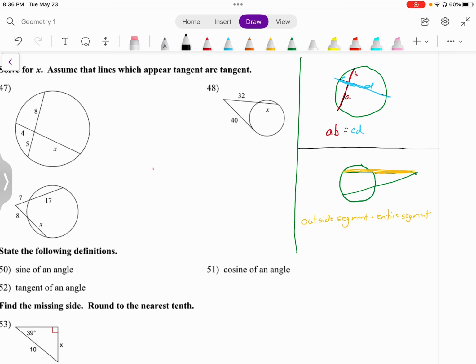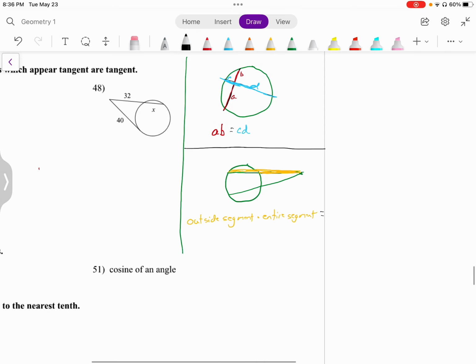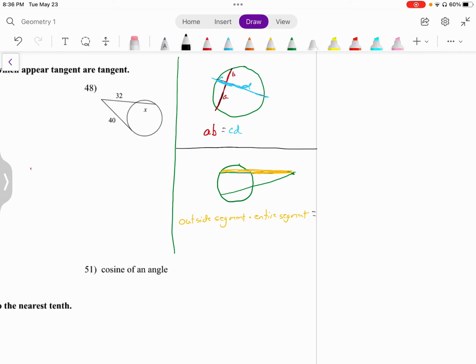is equal to, and we can do kind of the same thing on the other side. I'm going to go off our page a little bit here, but is equal to the outside segment, I'm actually going to change up here, times the entire segment.